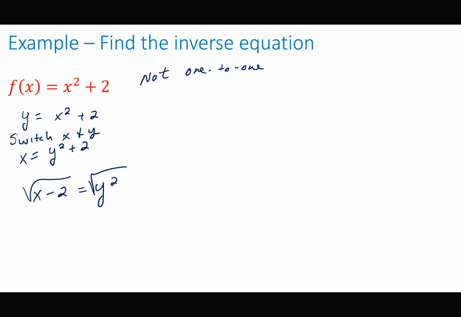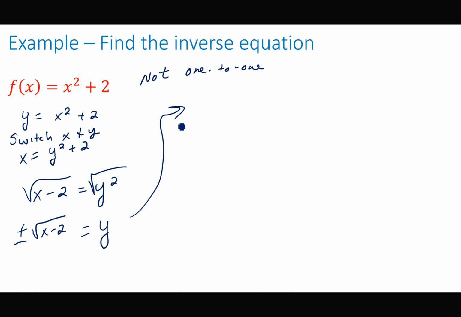So what do we have to remember if we are undoing a squaring as we continue to solve? What's special about that? Plus minus. So this is plus minus square root of x minus 2 equals y. Okay, if we are undoing a squaring, it doesn't matter what the variable is. If we're undoing a squaring, we have to include that plus minus.